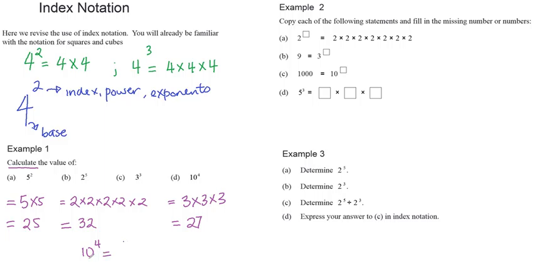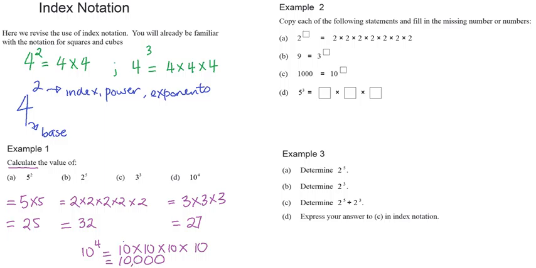It means I'm multiplying my base of 10. How many times? That is right, 4 times. And let's see if I can get an answer for that. And that happens to be an answer of 10,000. Very good.